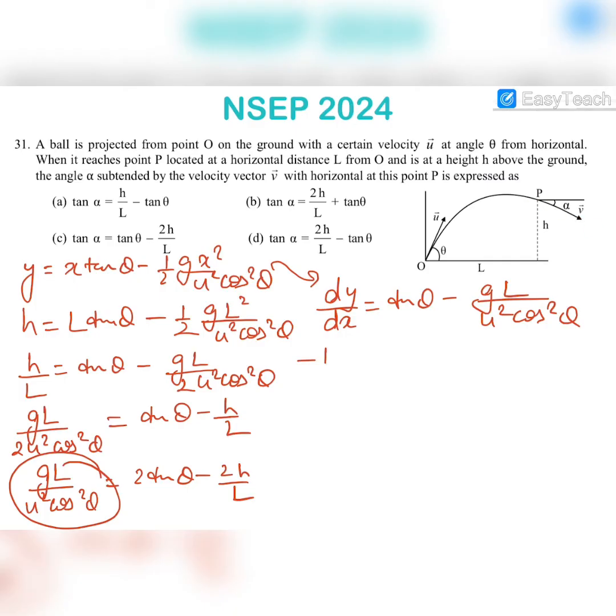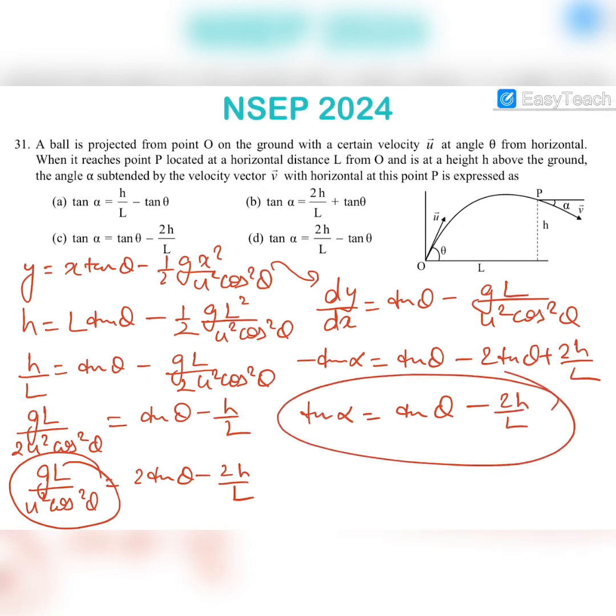So minus tan alpha is equal to tan theta minus this thing, which is 2 tan theta minus 2h by L. So you can see that tan alpha will be equal to tan theta minus 2h by L. So the correct answer will be C.